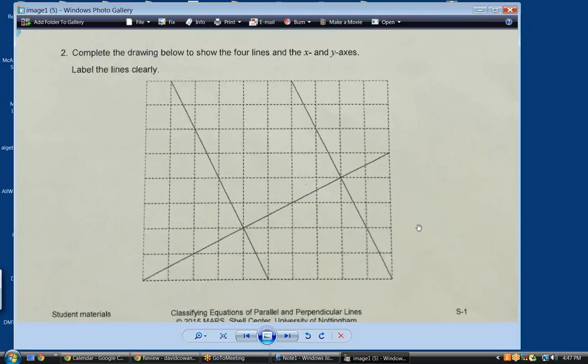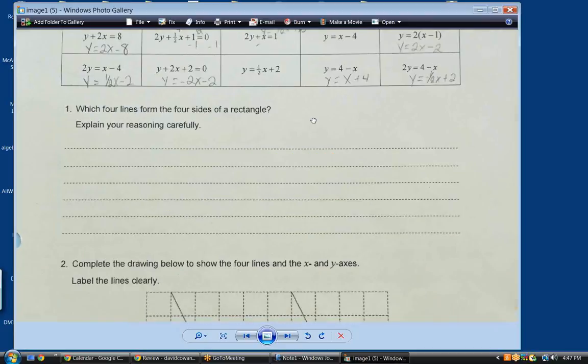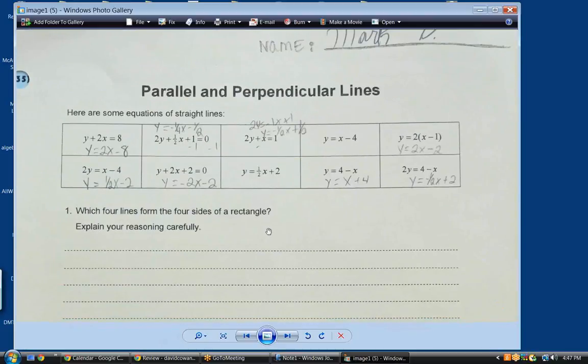And the two lines that have a slope of 1/2 are this one that has a y-intercept of -2. And let's see, we needed a slope of -1/2, didn't we? Yeah.